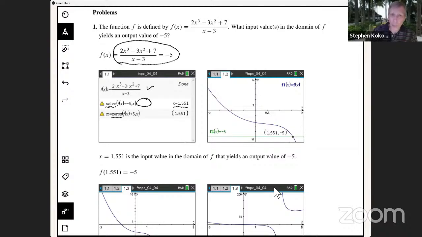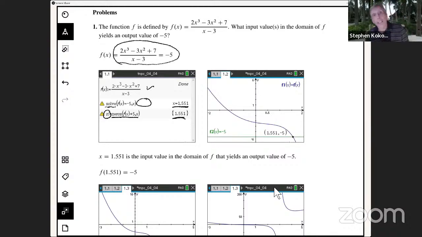So even though they may be displayed with only 3 digits of accuracy to the right of the decimal, they are stored to the greatest degree of accuracy allowed by the machine, and I can use them with that accuracy in other calculations. So not knowing how many solutions there are here, I put these answers that are a result of the zeros command in a list that I called Z. And notice the difference between these two outputs. The zeros command gave me a list with just one value in it.